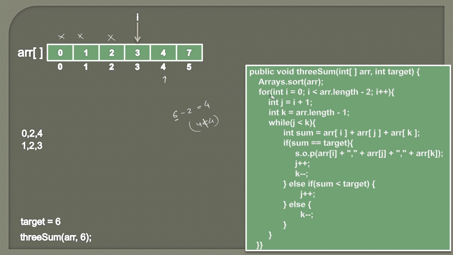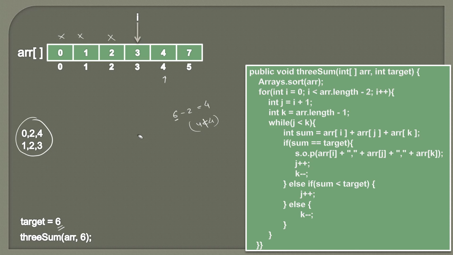And once this for loop will terminate, our method will also get terminated. And whatever we have got as a triplet, we have printed on the console, which is 0, 2, 4, 1, 2, 3, which are the three numbers which add up to a target of 6 and they are in ascending order.